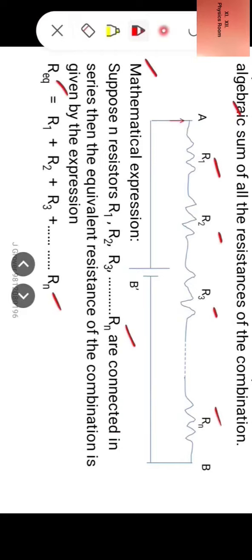Then the equivalent resistance of the combination is given by the expression R equivalent is equal to R1 plus R2 plus R3 plus so on up to Rn.